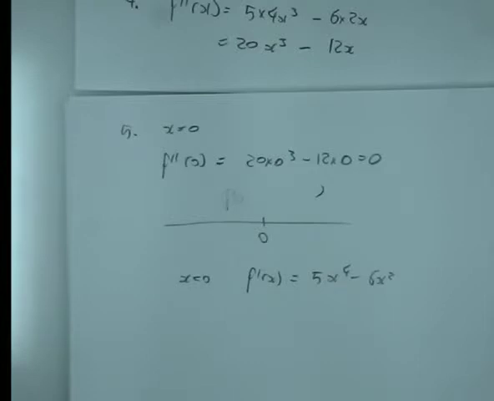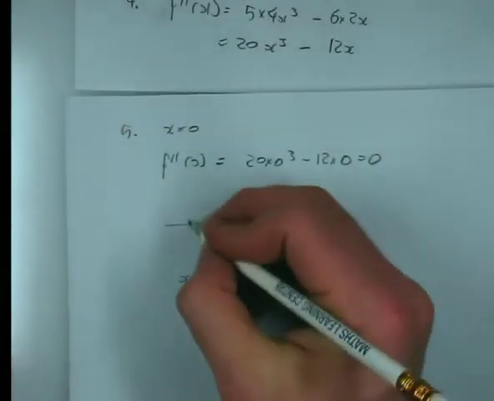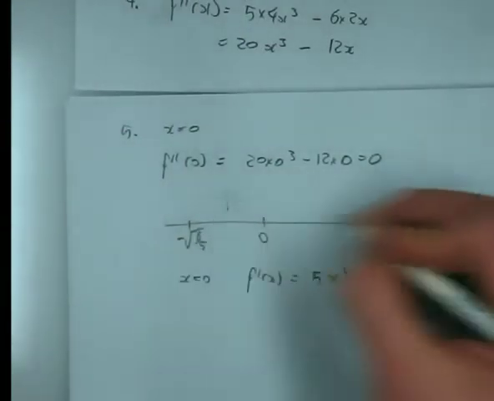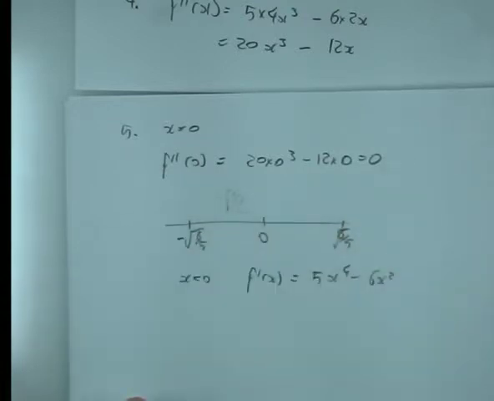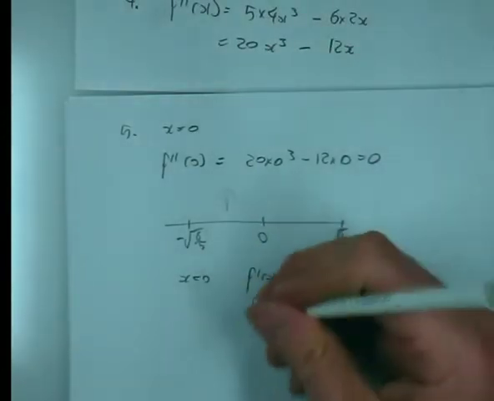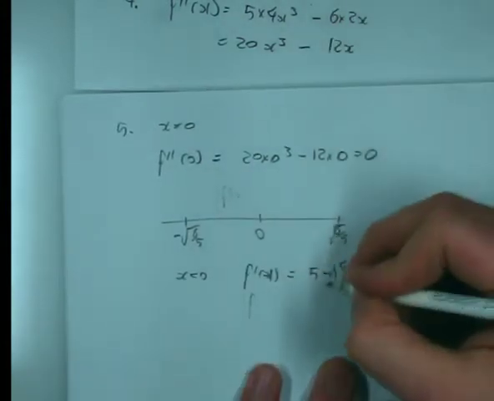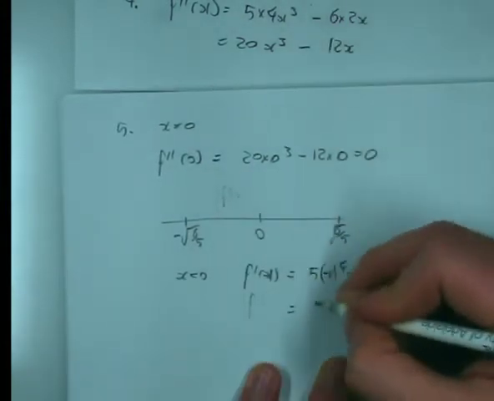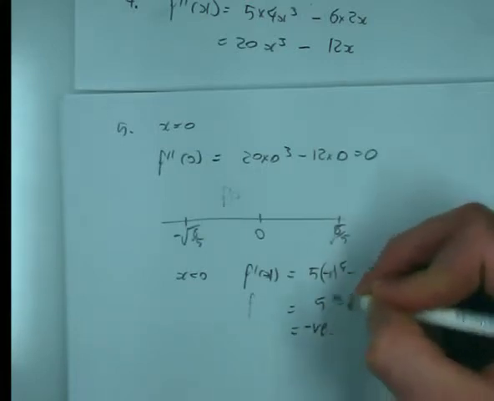So I can pick like minus 1, for example. I just need to make sure I pick something that's not beyond the other thing, and minus 1 will actually do the trick. So f dashed of minus 1 is minus 1 to the 4, minus 1 squared, which is 5 minus 6, which is negative.